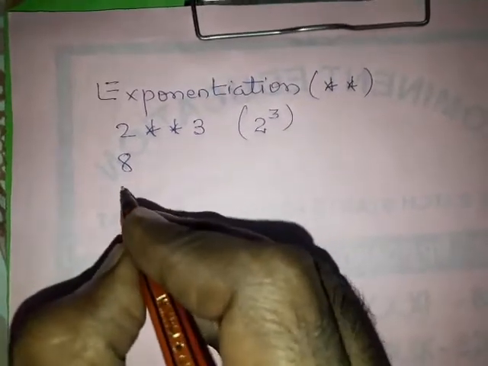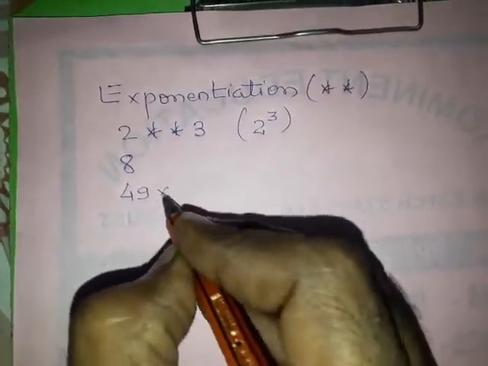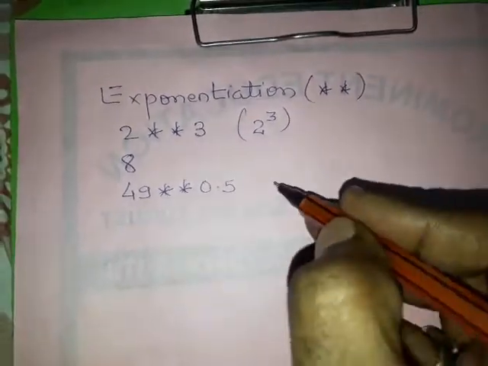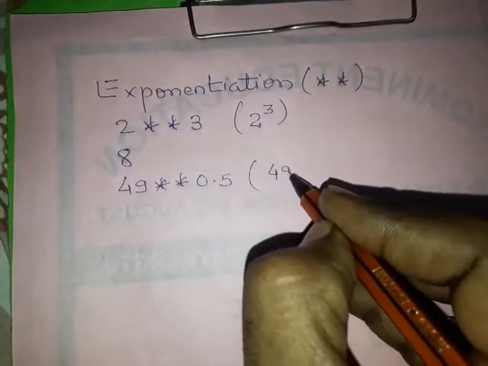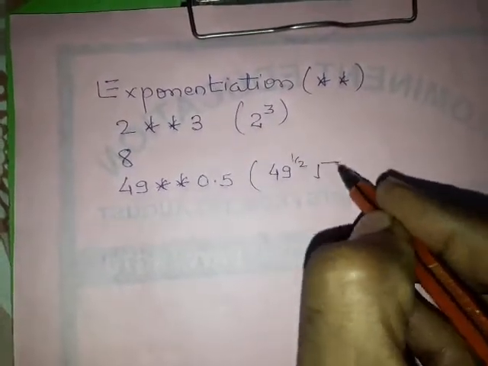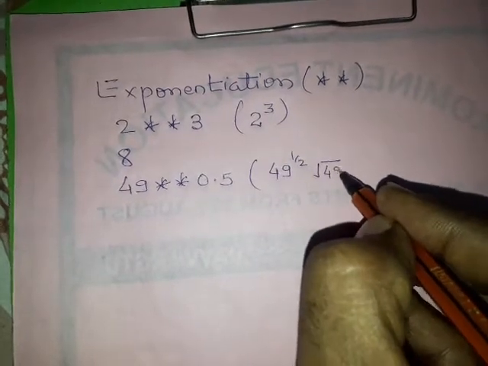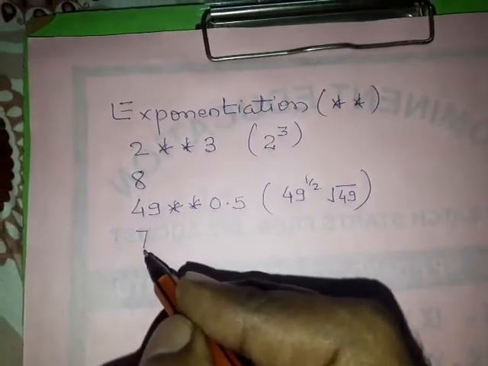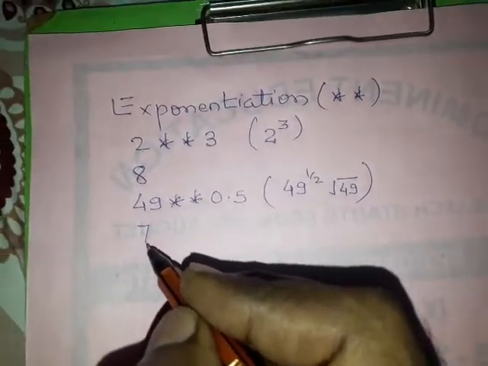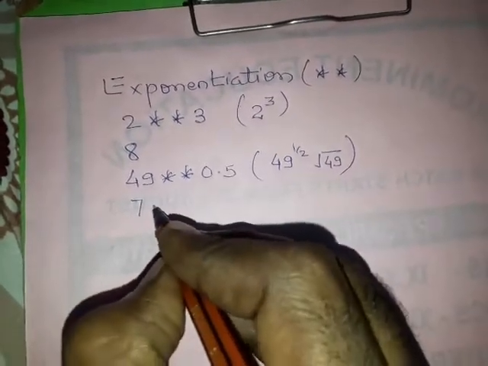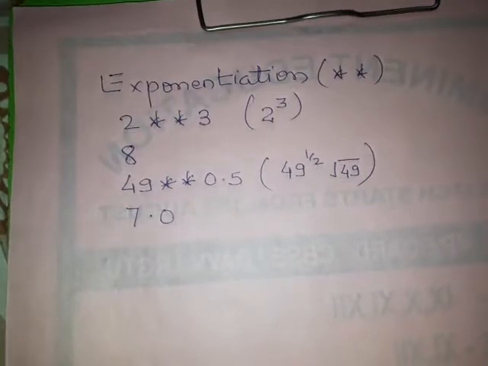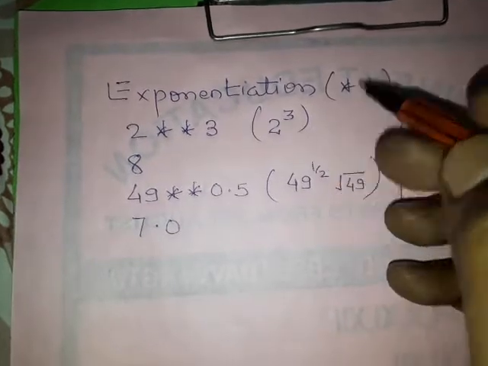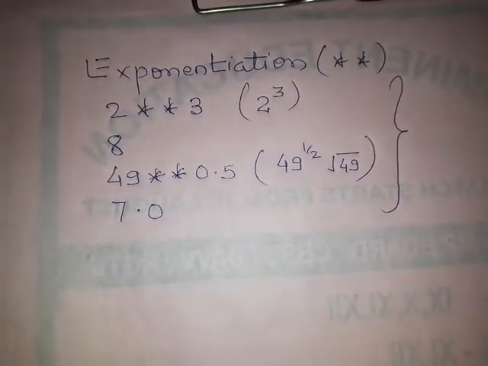If I write 49 exponentiation 0.5, it means 49 to the power 1 upon 2, which is square root of 49, so it will give 7.0. So exponentiation will work in this way. All these operators which we have discussed are the arithmetic operators.